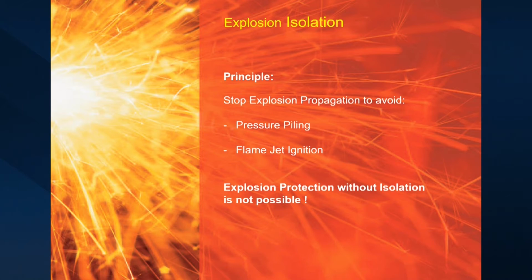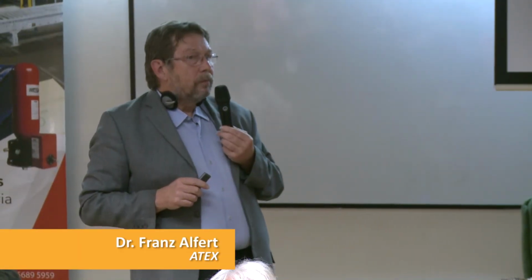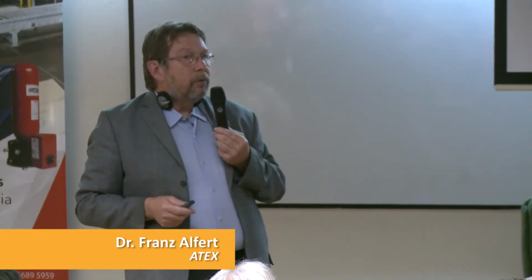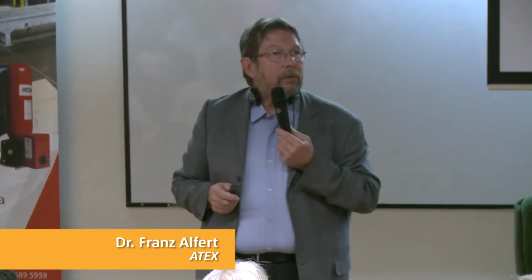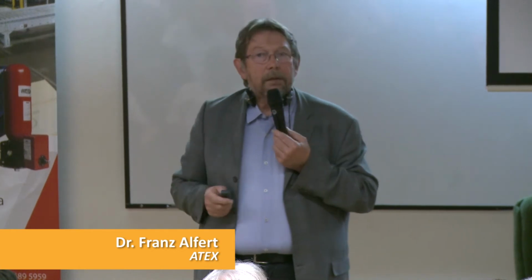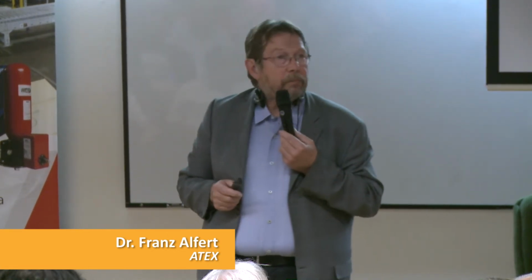First is isolation, and then you identify the volumes, the areas that could endanger people. The third step would be to see what kind of equipment do I have that could cause a complete stop of our plant or production.